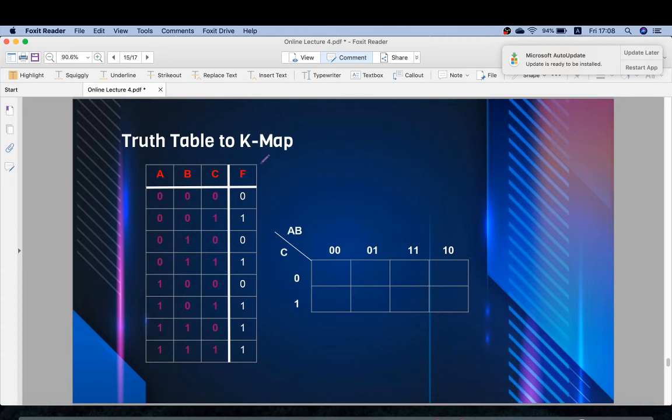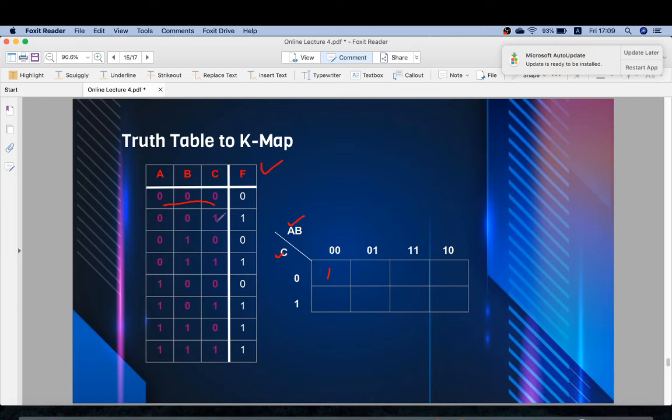For example, we have a truth table here and we have to draw our K-map from it. So how will we draw this K-map? Here we can see that we have 3 inputs and 1 output. So first of all, we need to make the 3 variable K-map with A, B and C. Here all the variables are 0, so we will put the 1 here.